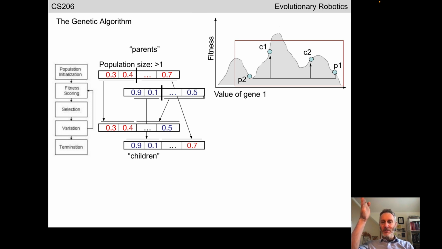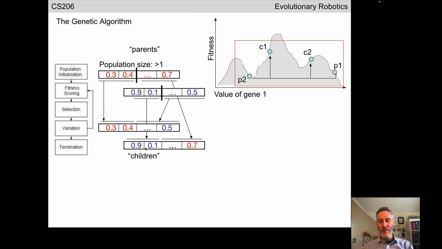We choose a particular point in both parents and cut both parents at exactly that point. And we take all the numbers to the left of that cut point from parent 1, from the red parent, and copy those values into our first child. And we take all values to the right of that cut point from parent 2, from the blue parent, and copy that into child 1. So child 1 contains some genetic material from parent 1 and some genetic material from parent 2.